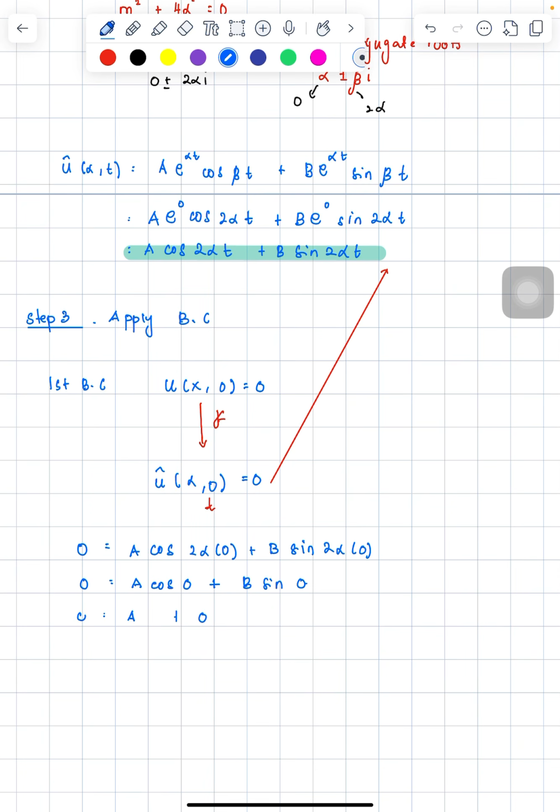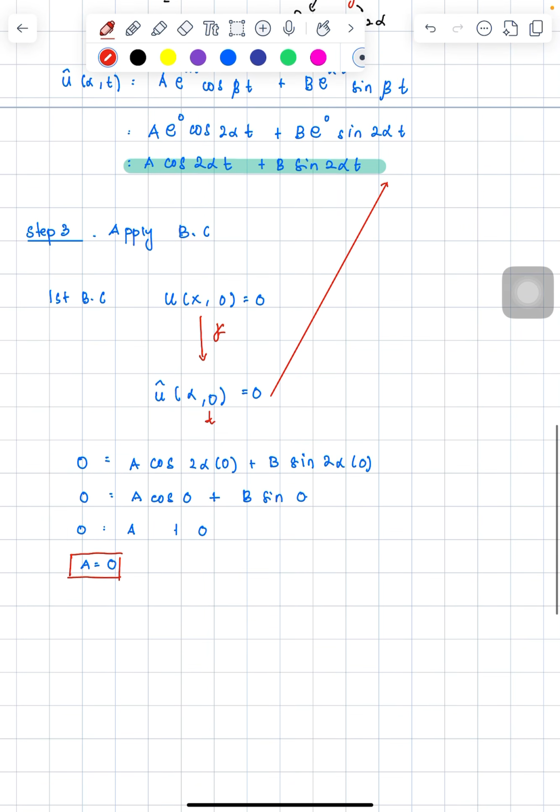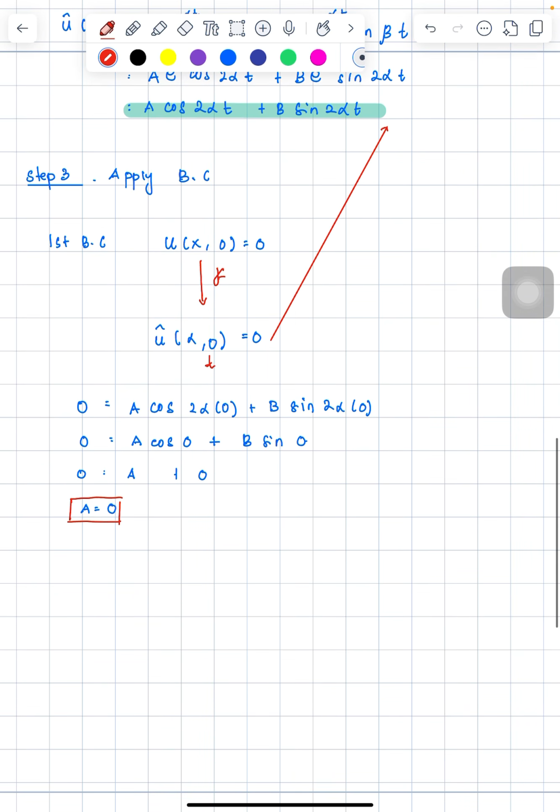So we have a equals 0. Since a equals 0, our u hat (alpha, t) becomes 0 plus b sin 2 alpha t.